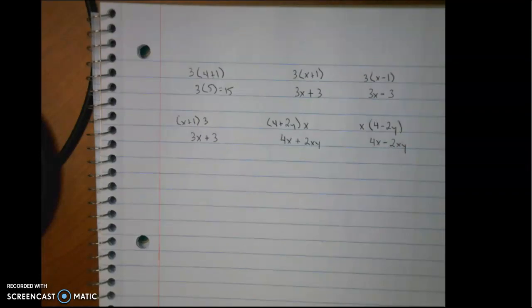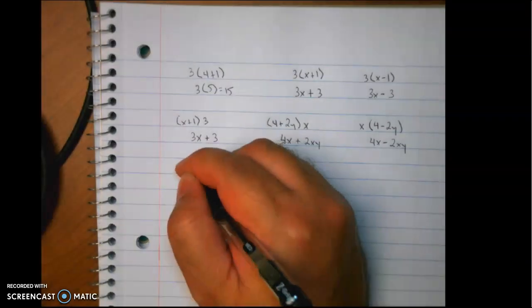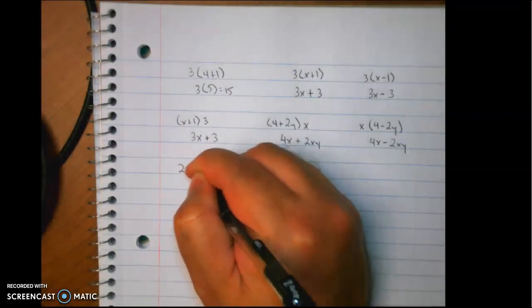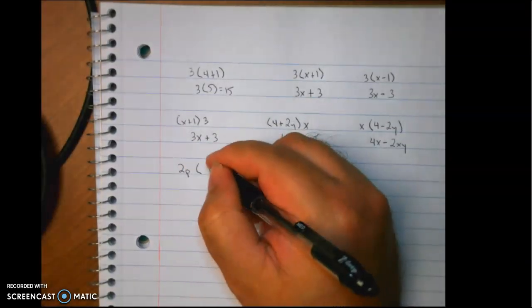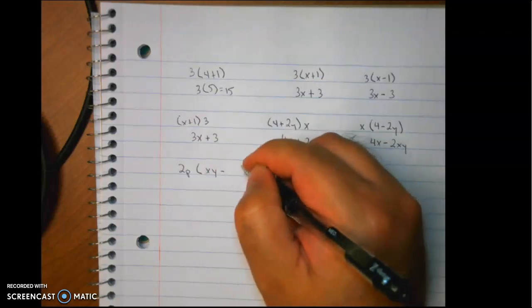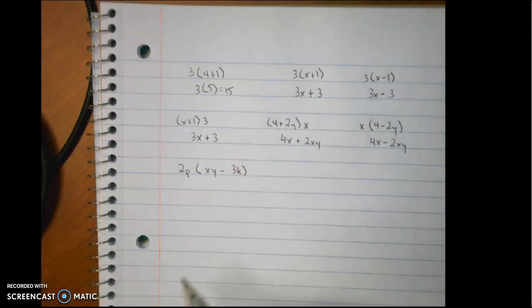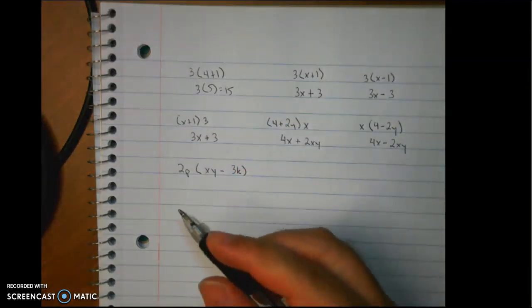Finally, I don't want you to get hung up if there's many variables in the equation that you're looking at. For instance, if we're going to go with a 2p times an xy minus a 3k, now you might be looking at that going, oh my god, there's all these variables, what does it mean?